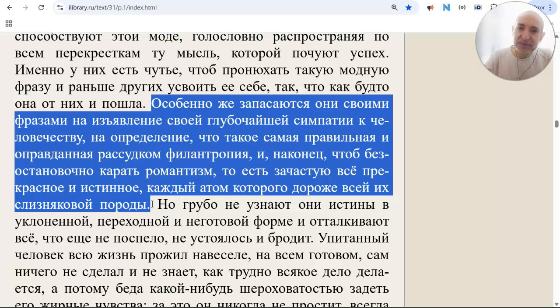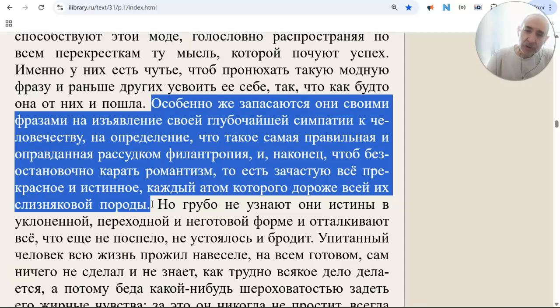Особенно же запасаются они своими фразами на изъявление своей глубочайшей симпатии к человечеству, на определение, что такое самое правильное и оправданное рассудком филантропия, и, наконец, чтобы безостановочно карать романтизм, то есть зачастую все прекрасное и истинное, каждый атом которого дороже всей их слизняковой породы. In particular, they are storing their phrases for the expression of their deepest sympathy for humanity.